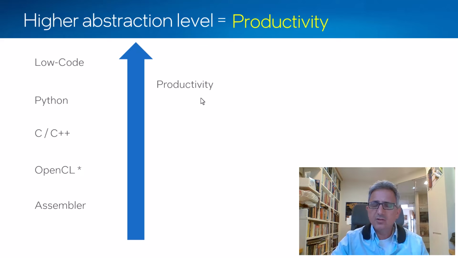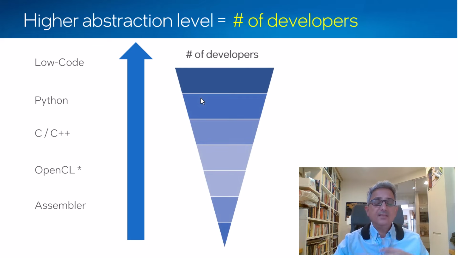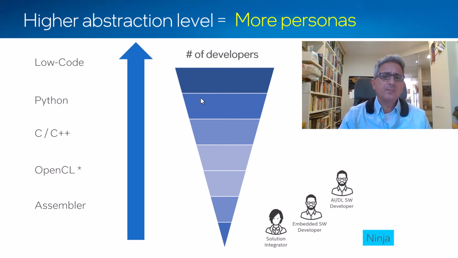And it's not only that I can do more at the same time, it's easier for me to get more developers, as there are more Python developers than CUDA or OpenCL experts. These experts, that we sometimes call ninjas, are hard to find and expensive to hire.